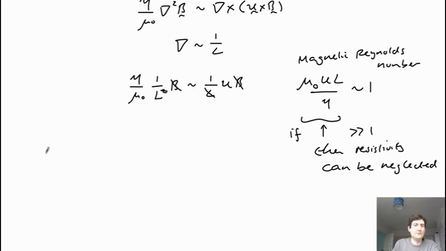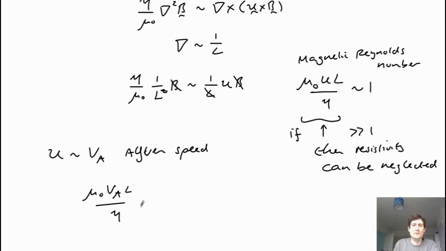If you choose the typical velocity to be the Alfvén speed, then this gives you mu naught v Alfvén times the length scale over eta. This is called S, the Lundquist number.